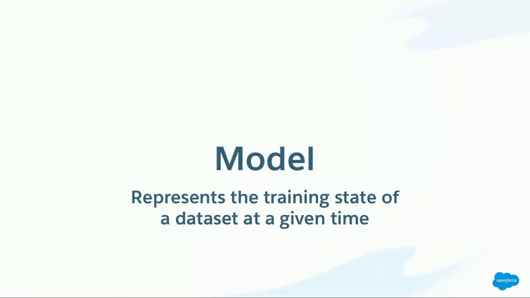So based on a data set, you get a model. Let's take this example. You have your data set with bananas, with oranges, and with cars, whatever your label is. Then you take the data set and you hit train. Einstein Platform takes your data with your labels, learns those patterns, and creates, based on that, a model.